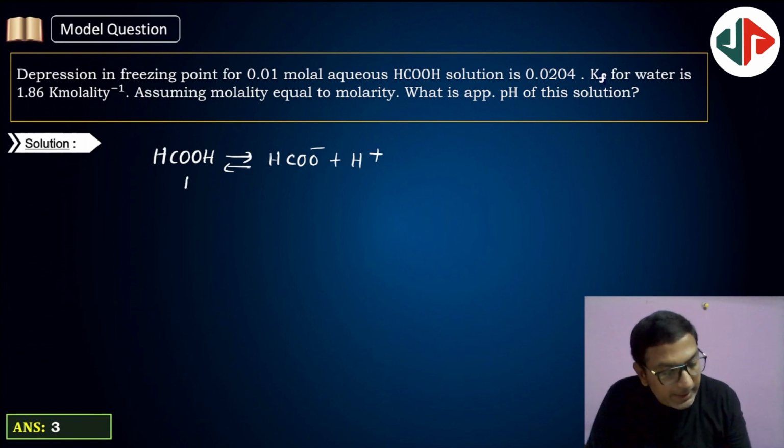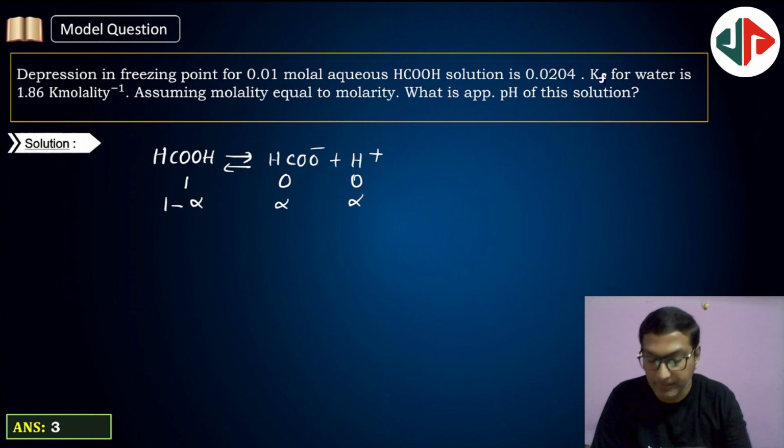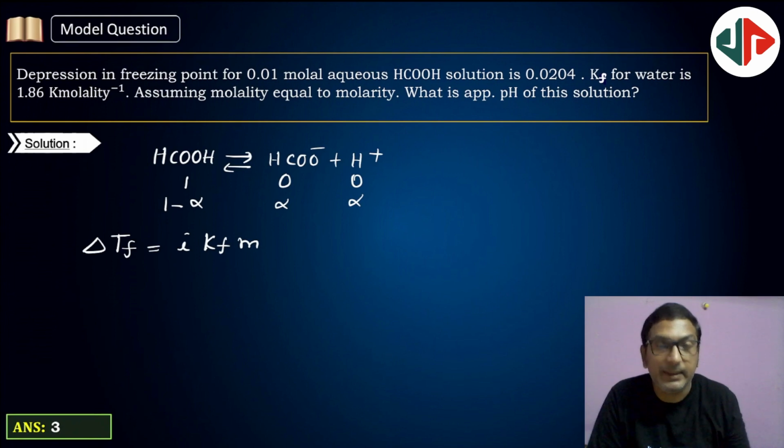So initially 1, and after dissociation 1 minus alpha, alpha and alpha. Say alpha is the degree of dissociation. Therefore delta Tf equal to i into Kf into molarity, or molality we can take.